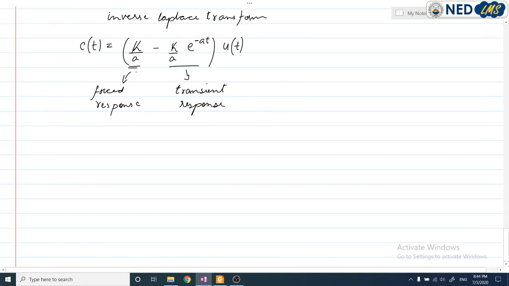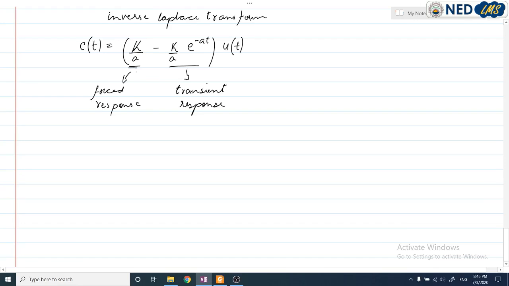We can say that this value k upon a, which is our force response, is our final steady state value, because as time increases, this exponential term will become 0.